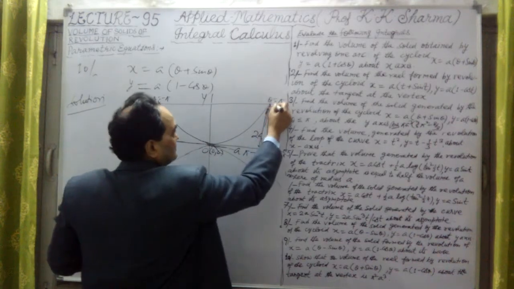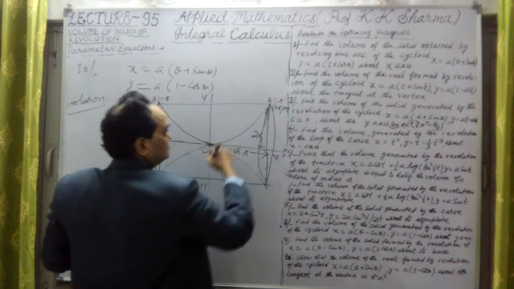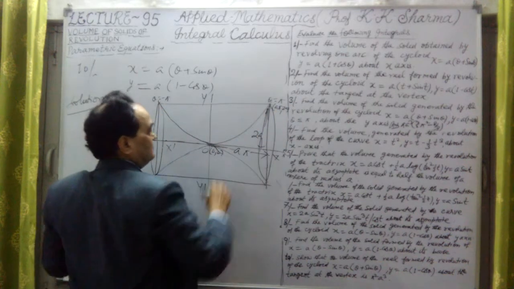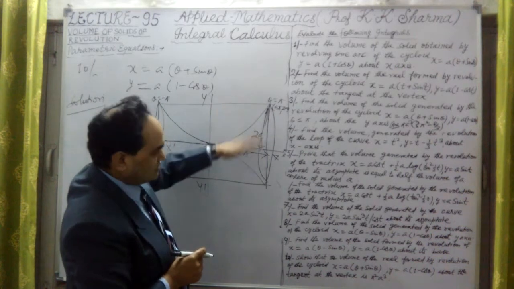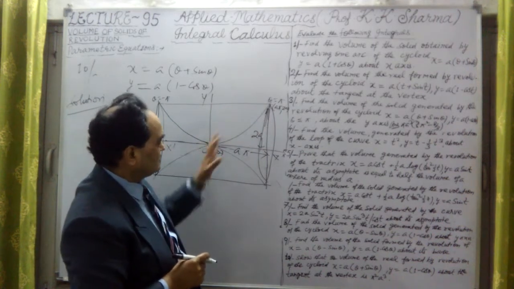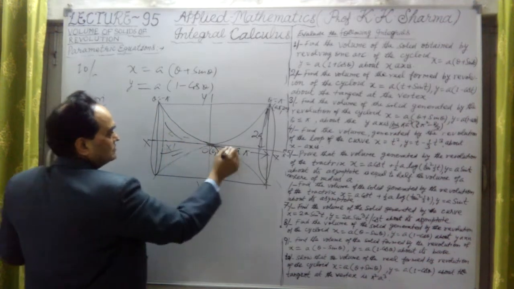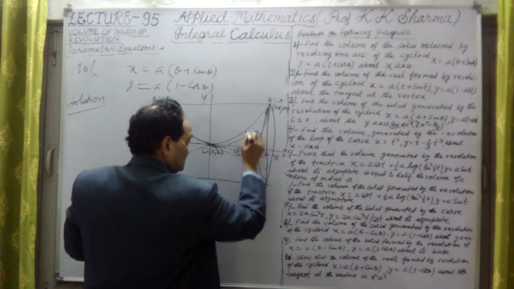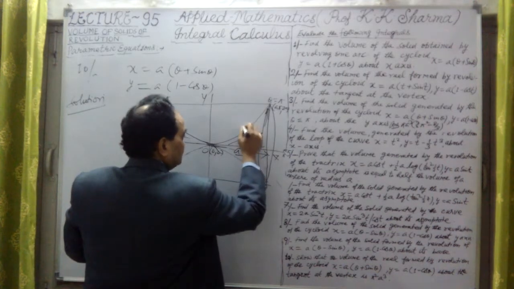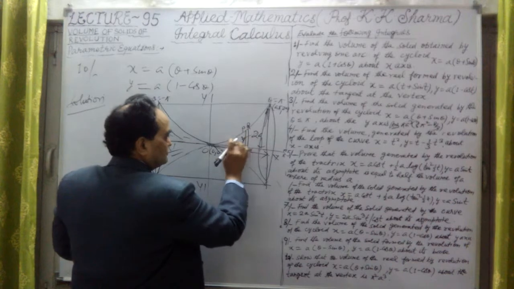At this point the coordinate x is a pi and y is 2a, but theta is pi, so the limits we have to take are either minus pi to plus pi, which gives the whole reel, or 0 to pi, which gives half of it, twice of which is the whole area. Now this is the elementary strip: this is P and Q, this is M and N, this is delta x, and this is the y coordinate.